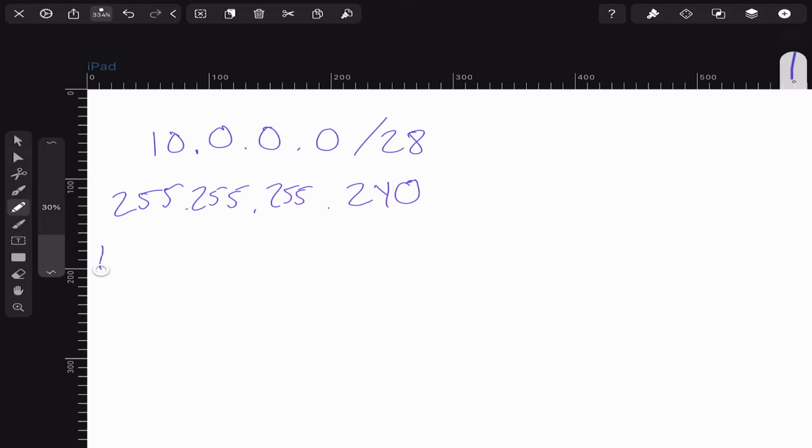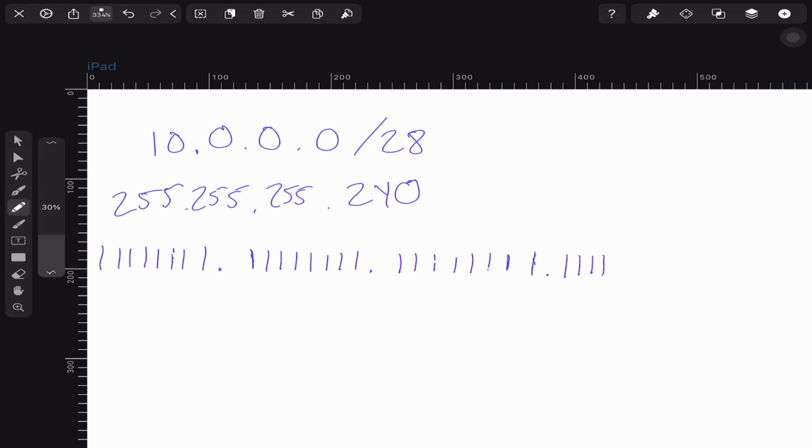Remember, 1, 2, 3, 4, 5, 6, 7, 8 dot 1, 2, 3, 4, 5, 6, 7, 8. And so far that's 24 ones. So 1, 2, 3, 4. That's 28. That leaves the last 4 bits for us to use.